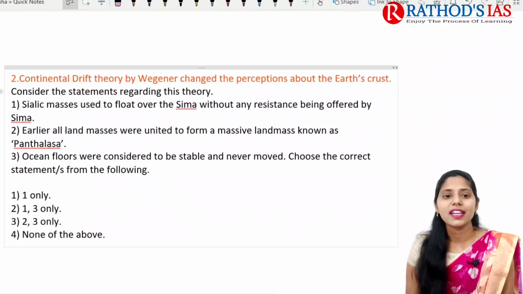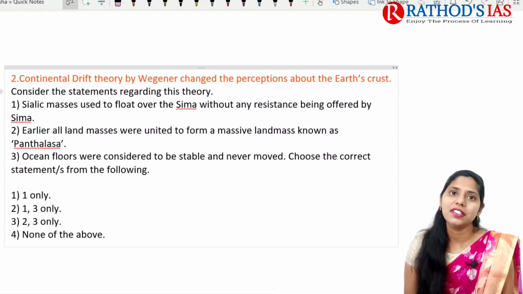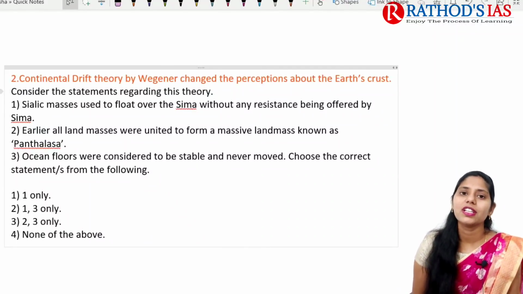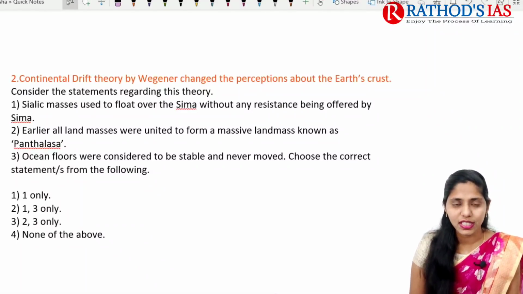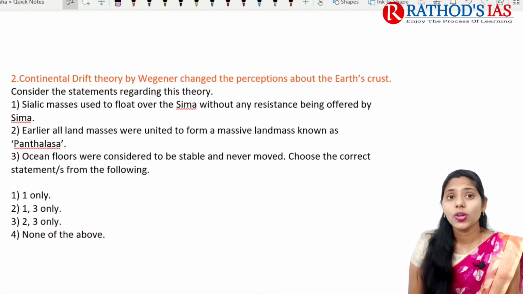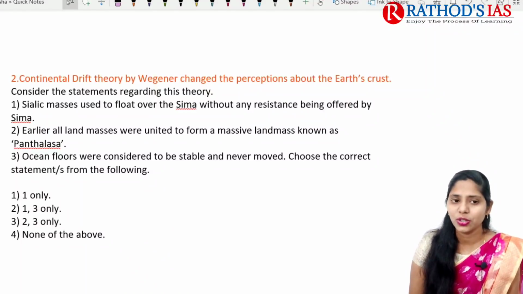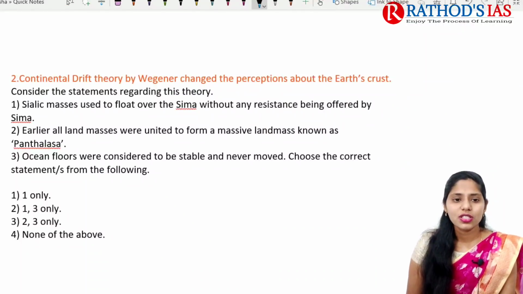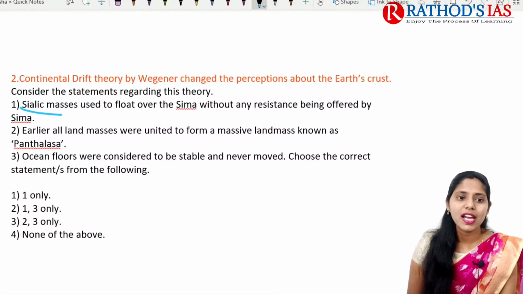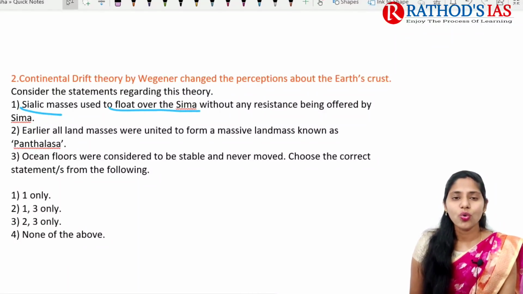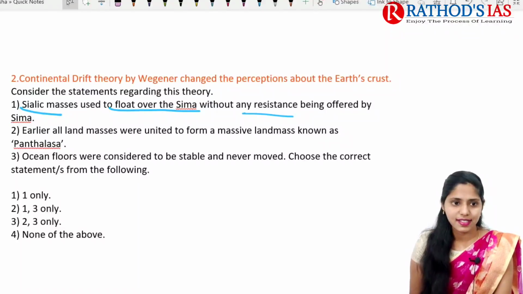The next question is regarding the earth's crust, and it is about theories. You have the continental drift theory and the sea floor spreading theory. Here you have to know about the continental drift theory, and this concept can be a 15 marker question in your mains. Some statements are given. First, continental masses used to float over sima without any resistance.